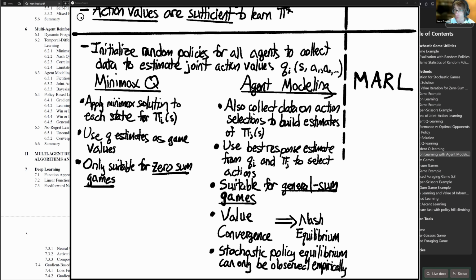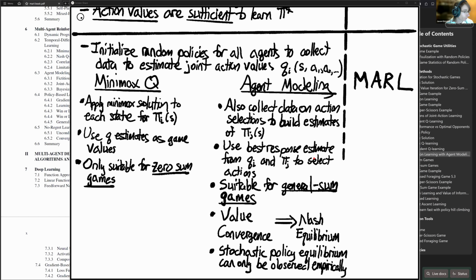Like as the algorithm's running, the actions will change in such a way that if we average them over time, they will match the stochastic equilibrium. But we're not going to be able to directly see the equilibrium with this best response estimate, because this best response estimate is probably not going to produce this.